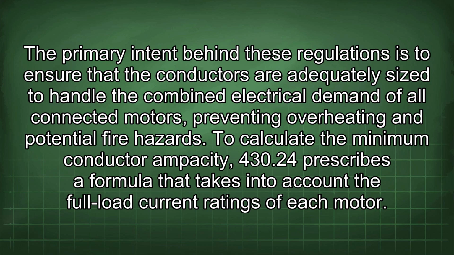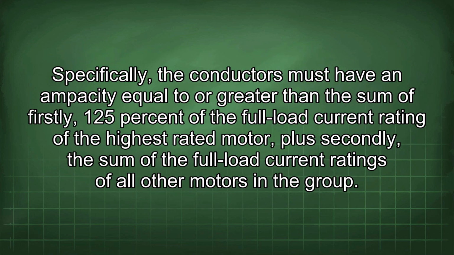To calculate the minimum conductor ampacity, 430.24 prescribes a formula that takes into account the full load current ratings of each motor. Specifically, the conductors must have an ampacity equal to or greater than the sum of firstly 125% of the full load current rating of the highest rated motor, plus secondly the sum of the full load current ratings of all other motors in the group.